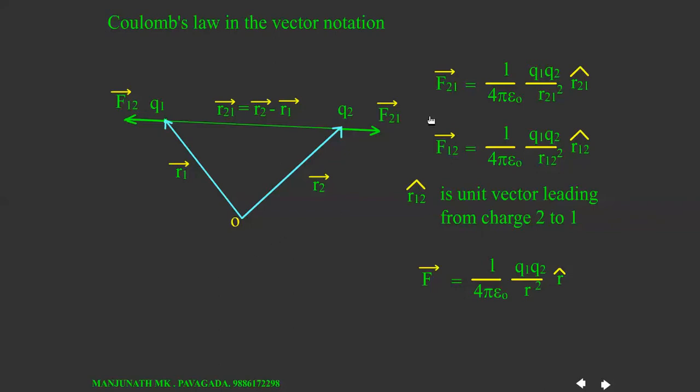Now from these two equations we can notice that this part is the same in both the equations. The only difference is r21 and r12. These are the unit vectors. Their magnitude is the same, but they are opposite in direction. That is, r21 is in this direction, r12 is in this direction. Therefore they can be written like this.